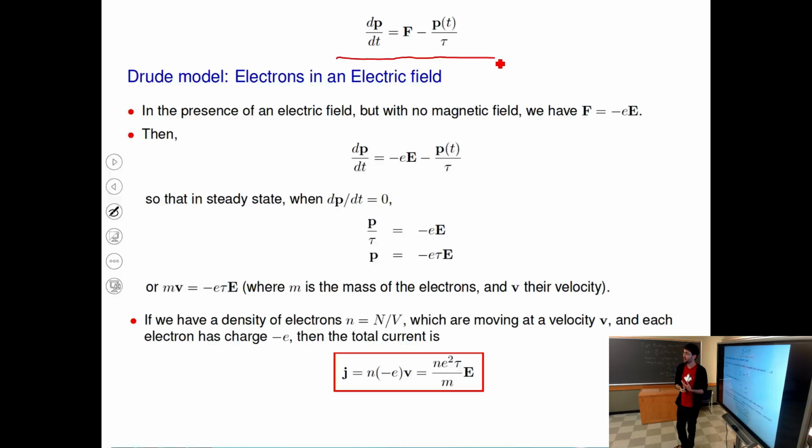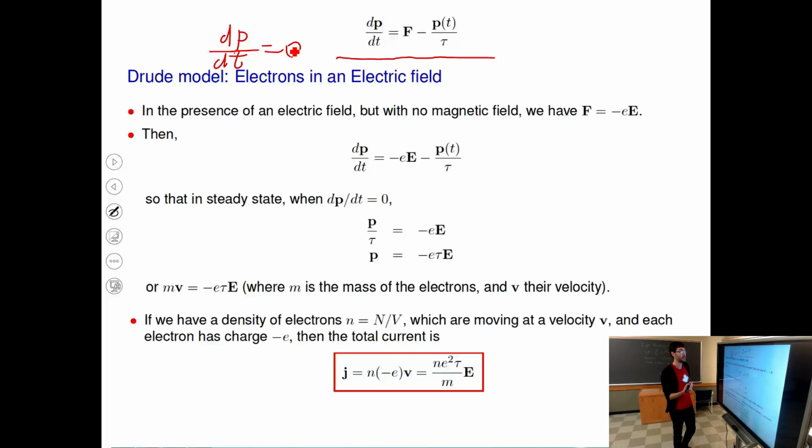Well, in fact, this does not happen, and that's because there is a solution with dp dt equal to 0. When dp dt equal to 0, this equation can still give us a solution, and this is the solution that the system takes.